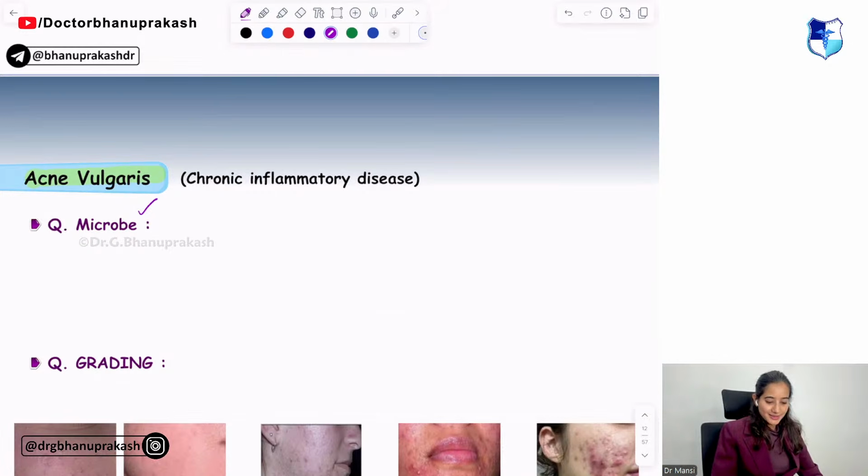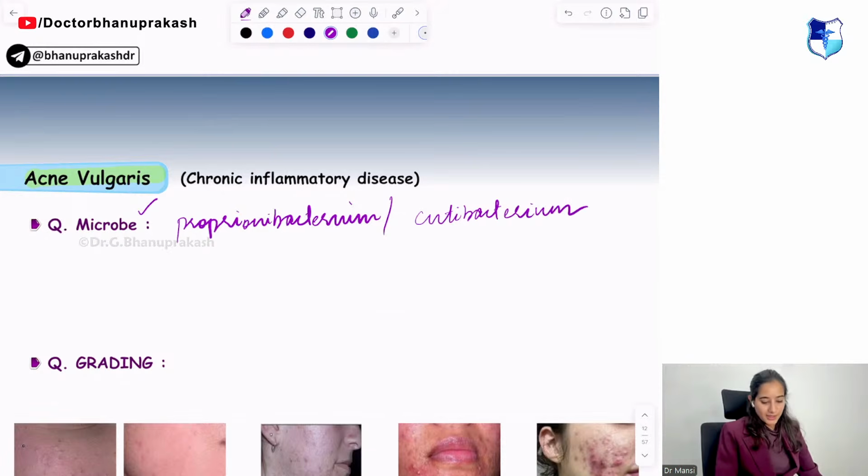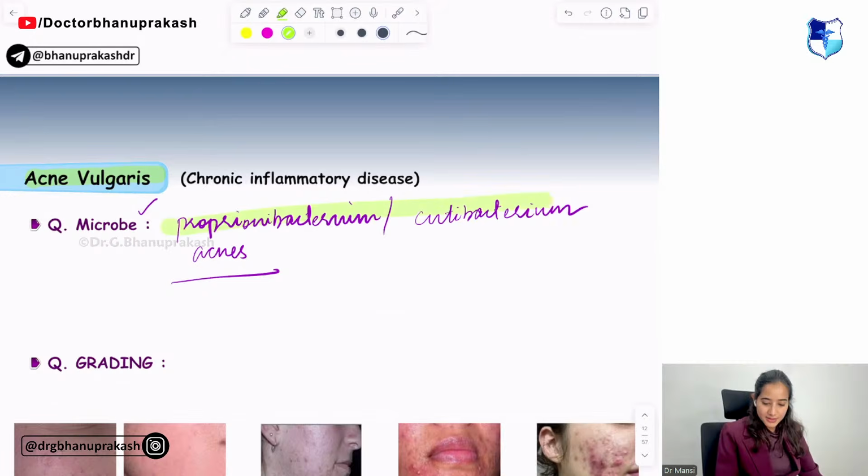No, you should know. It's Propionibacterium or Cutibacterium acnes. So don't forget this. Once asked in FMG, NEET PG can ask again.